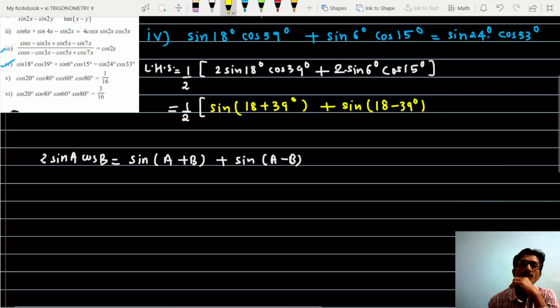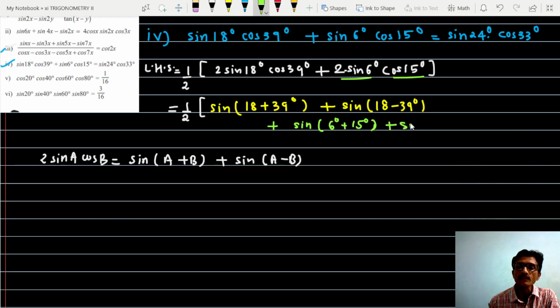Then next is 2 sin a cos b again, here sine of a plus b, that is 6 plus 15 degree, plus sine a minus b, that is 6 minus 15 degree.